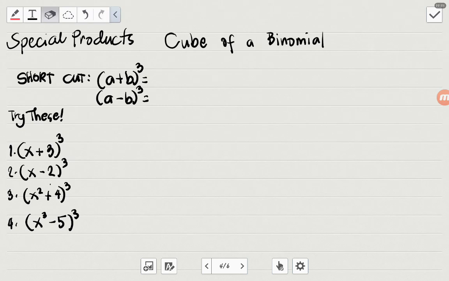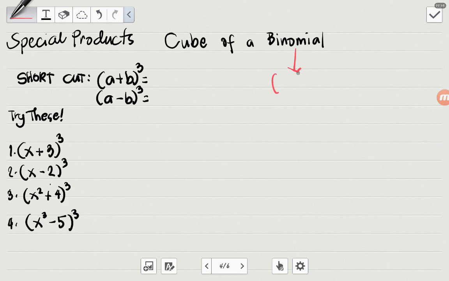So, ang ating pangatlong special product ay tinatawag na cube of a binomial dahil tayo ay mayroong binomial at i-cube mo siya. Ibig sabihin, i-raise mo siya to the power of 3.